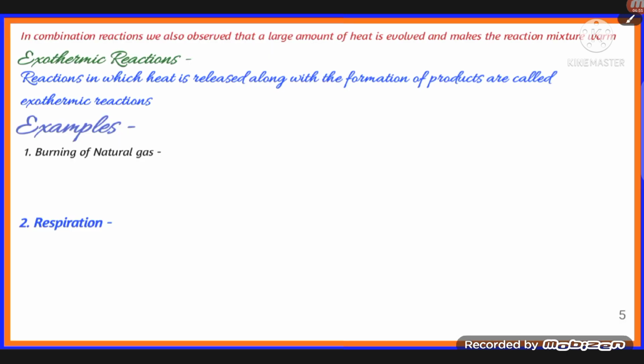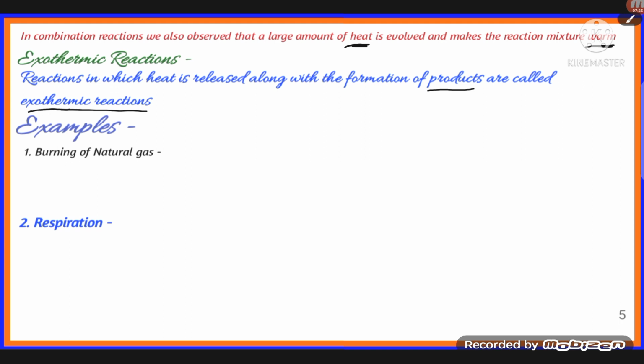In combination reaction, we also observed that a large amount of heat is evolved and makes the reaction mixture warm. Such reactions are called exothermic reactions. Exothermic reaction means reactions in which heat is released along with formation of products.